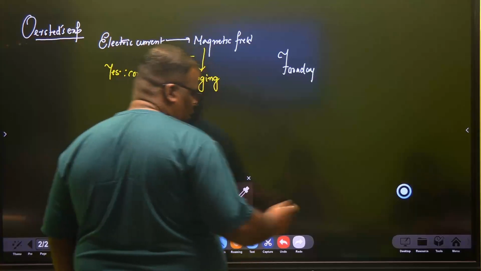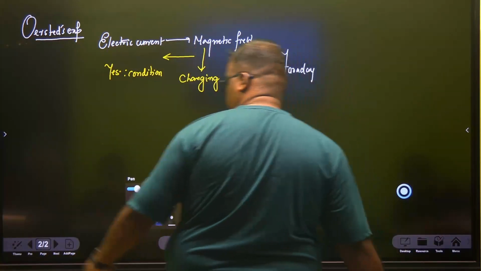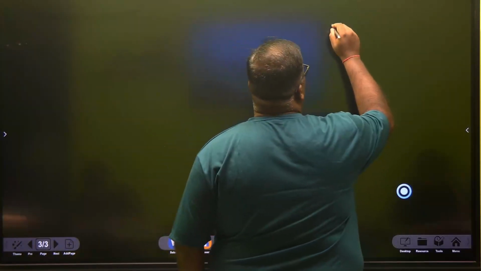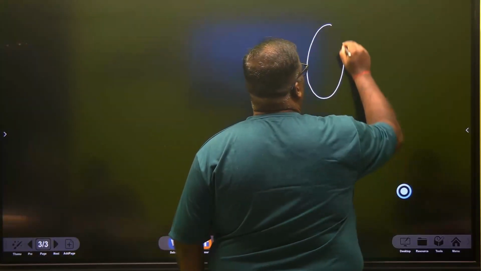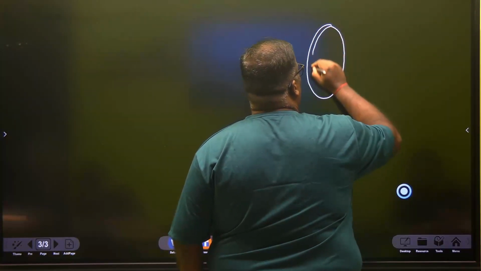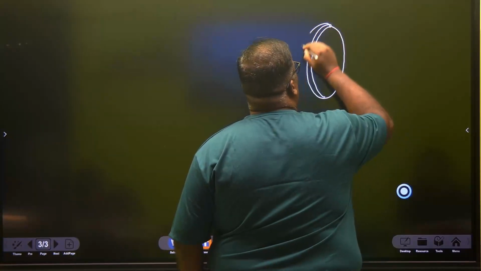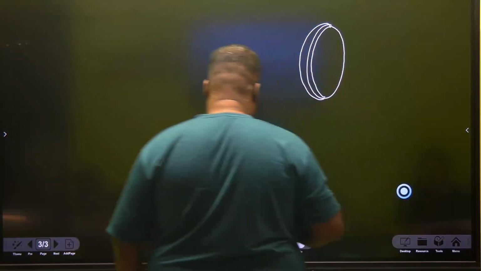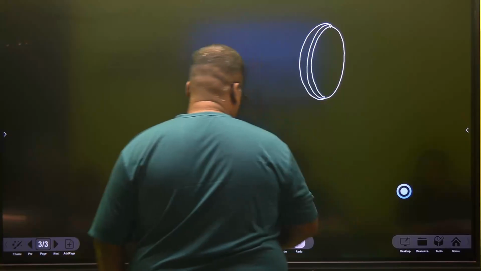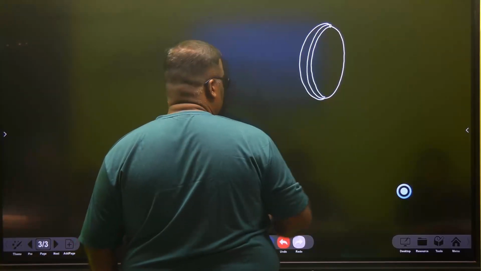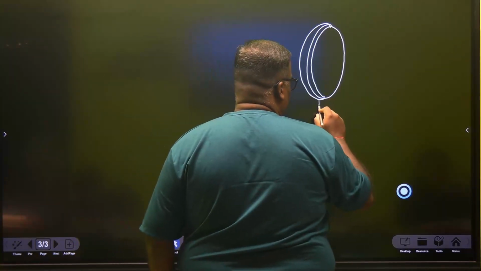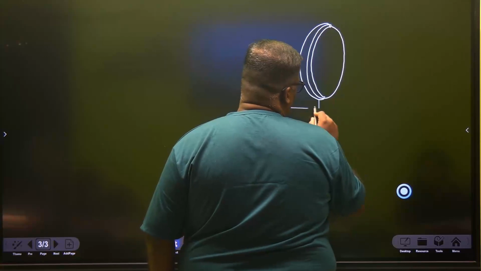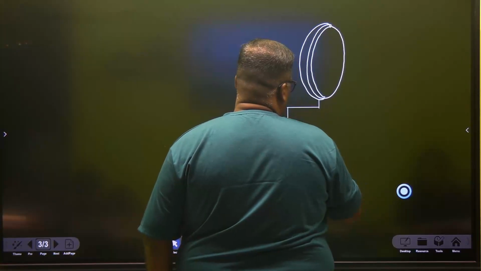Okay, so a little bit of drawing. Let's go to our first experiment. We have a coil here, with various turns of the coil. Say this coil is connected to an external galvanometer.